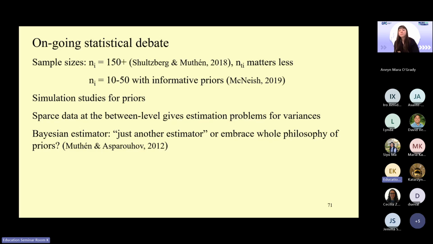If you read the paper really carefully, models really differ in how many participants they need, depending on how complex parameters you want to estimate in the model. And what we have learned from McNeish, my current statistical hero, is that you can have 10 to 50 participants and run models like this with so-called informative priors in a Bayesian modeling framework.